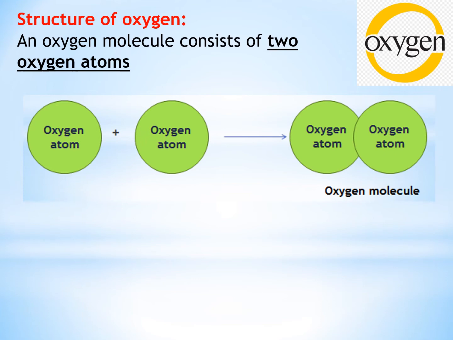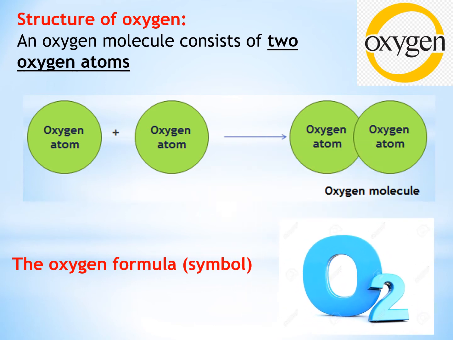So an oxygen molecule consists of 2 oxygen atoms. The oxygen formula or the symbol of oxygen gas is O2. This means the oxygen molecule or oxygen gas consists of 2 oxygen atoms.